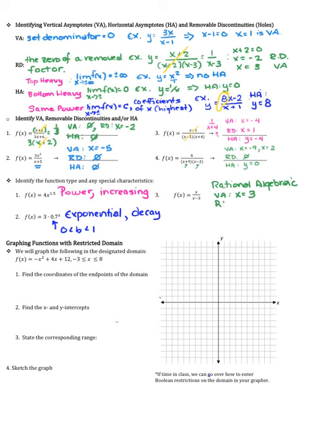We did not remove any factors, so you don't have a removable discontinuity. But your horizontal asymptote, you do have the same power of x on top and bottom. So that's going to give you the line y equals 1. All right? So that's kind of how you find the discontinuities and the characteristics.